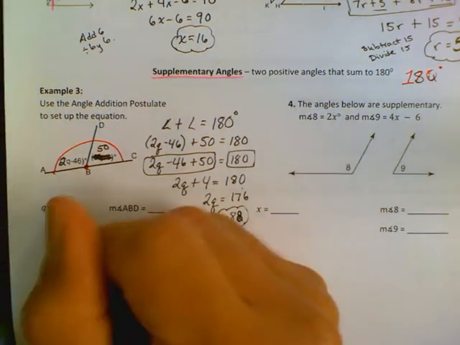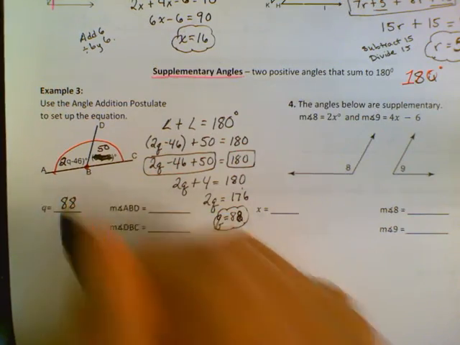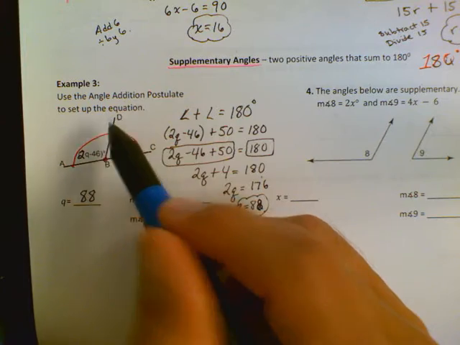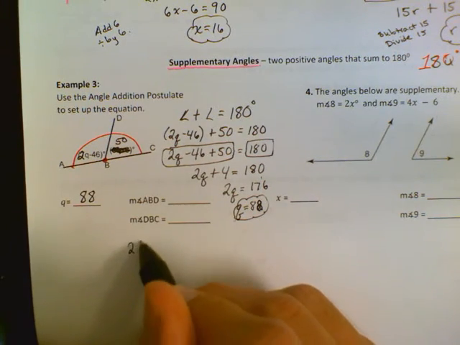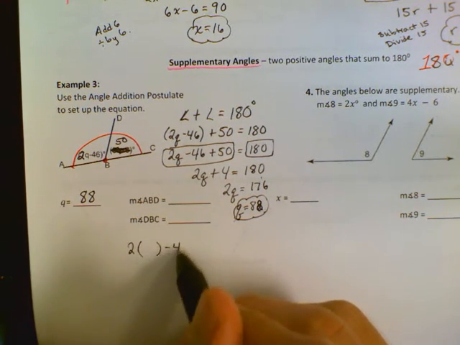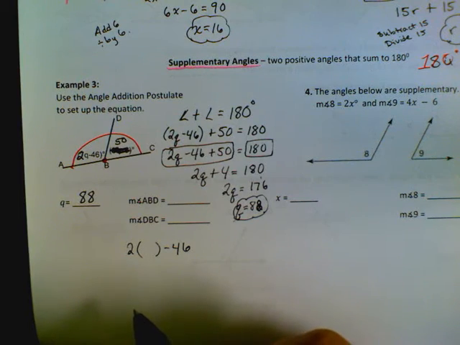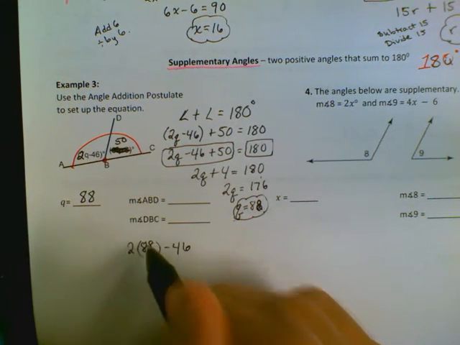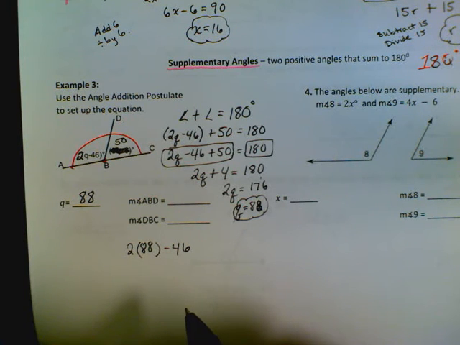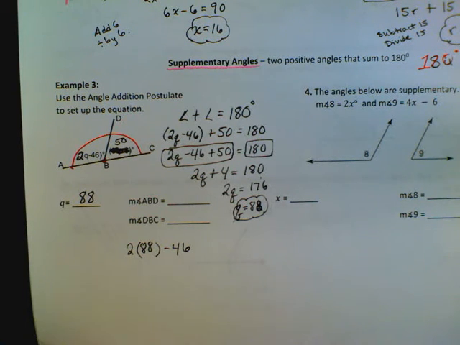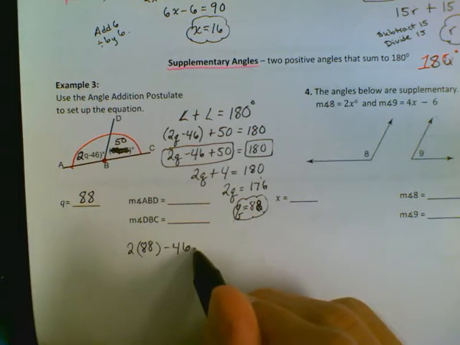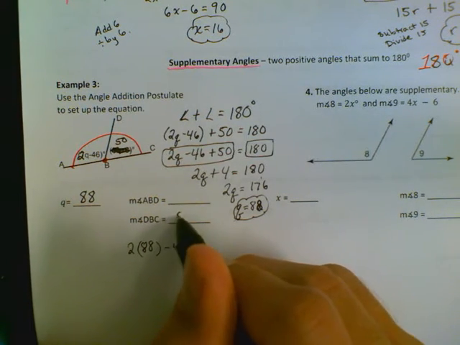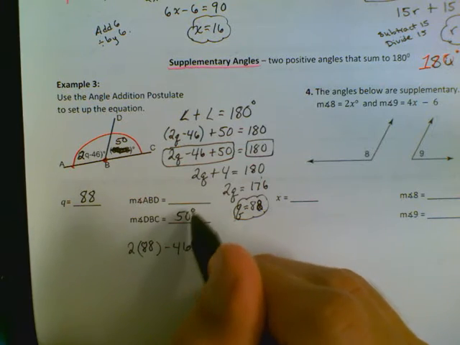Yeah, so if q is 88, then how much is angle ABD? Well, ABD was 2 times q minus 46. Well, if it was 2 times 88 minus 46. You know what? That's some big numbers to mess with, but I already know that this angle's 50 degrees.